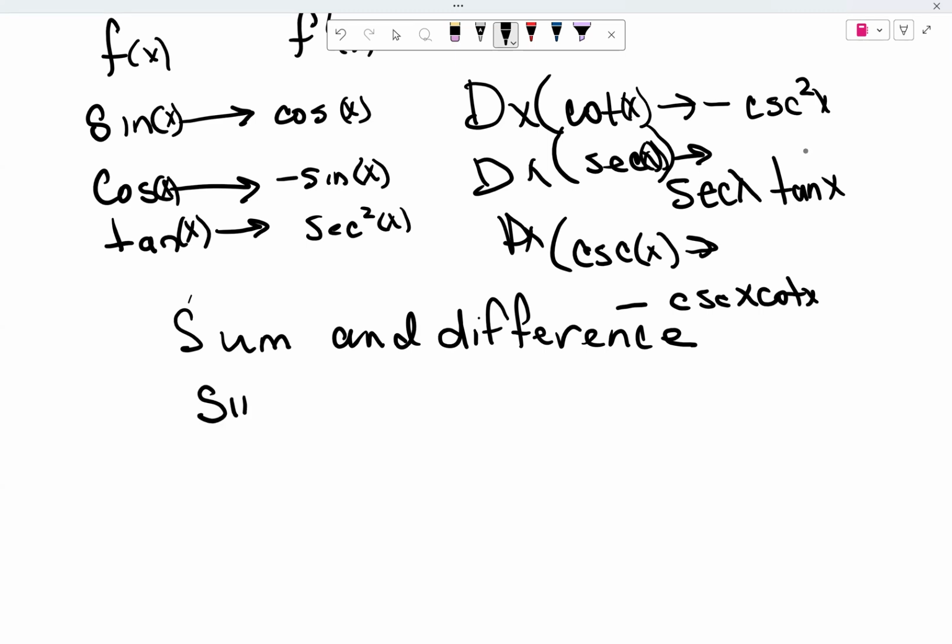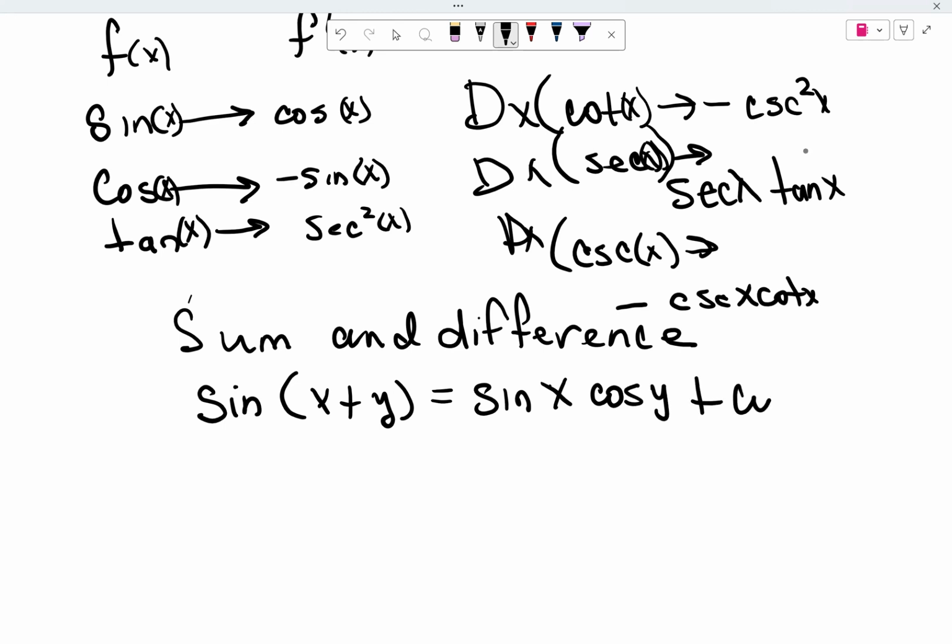So this is just like, for example, the sine of some x plus y value and how that is distributed. Just remember that these are basically sine x cosine y plus cosine x sine y. So this is one of those trigonometry identities that we need to remember, or at least recall for a little bit.